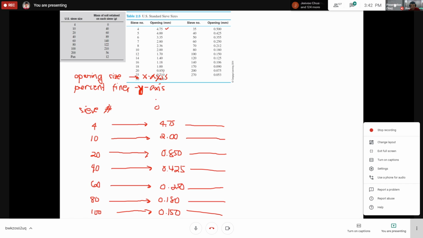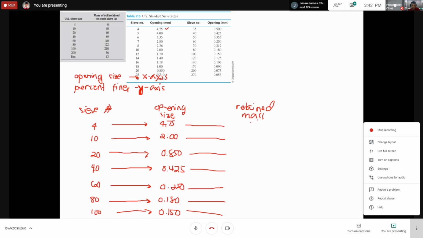Okay, so we label this as opening size, and here we just put retained mass.